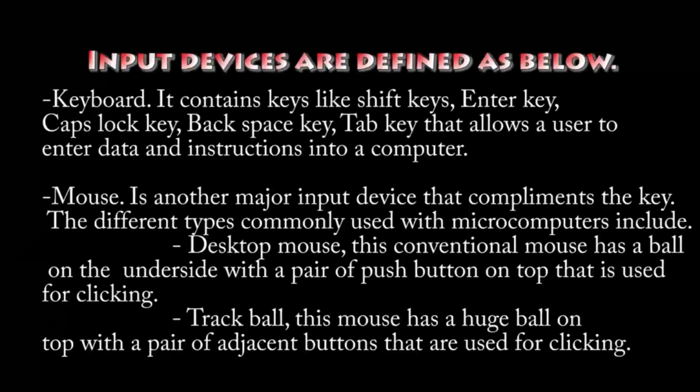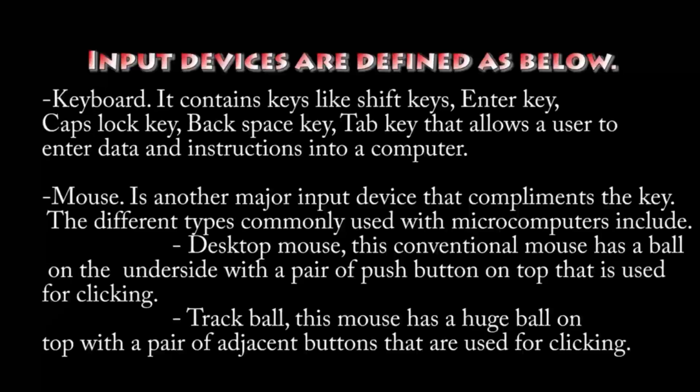Number one is the desktop mouse. This conventional mouse has a ball on the underside with a pair of push buttons on top that is used for clicking. So that is that one.